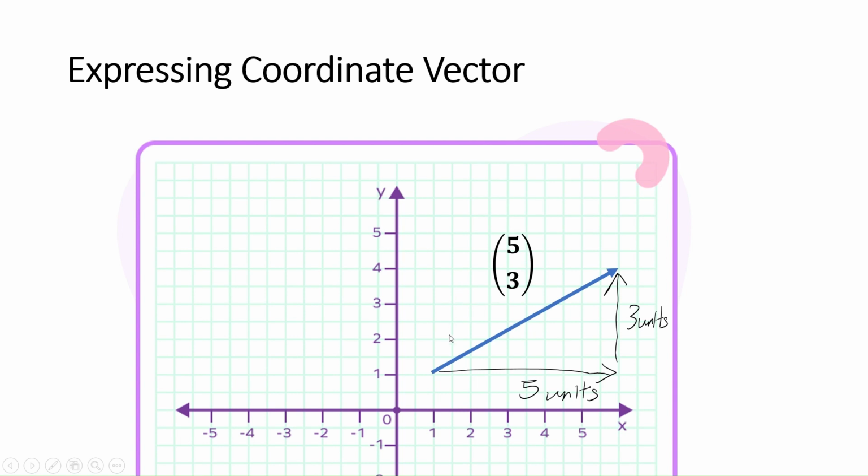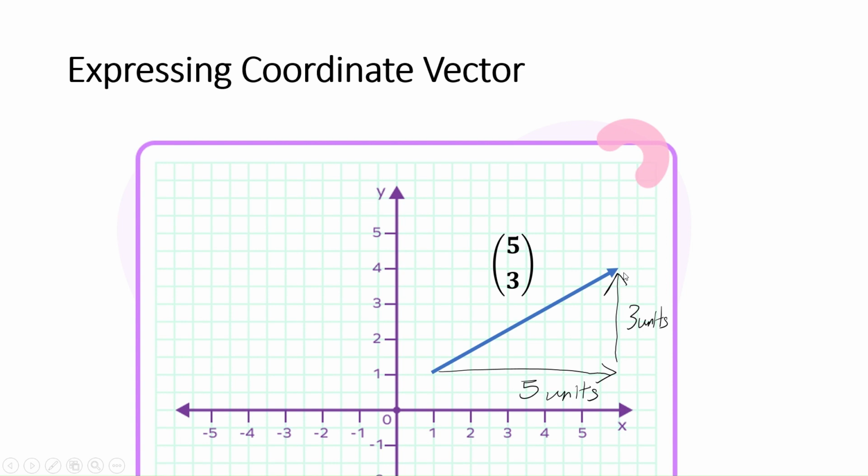That means the vector is going to move from its start point 5 units in the x direction, moving right, and 3 units upward in the y direction. I have expressed it in this picture. We start from 1, 1, 5 units in the right direction, so it's now coming to here, and then 3 units upwards.